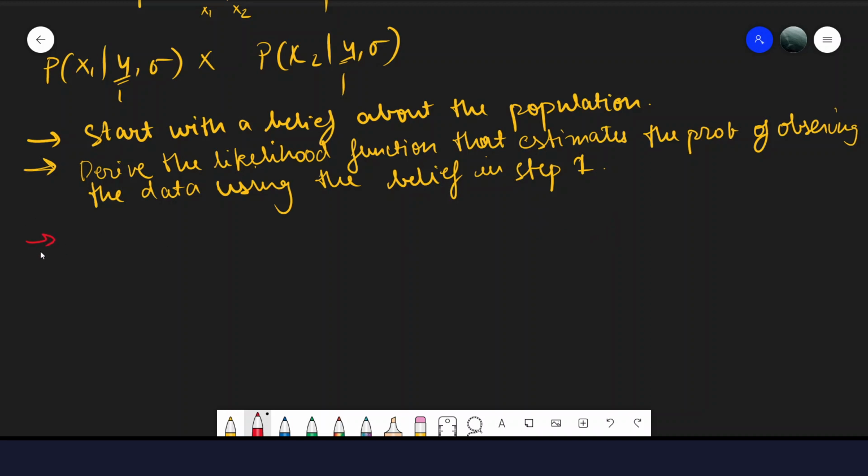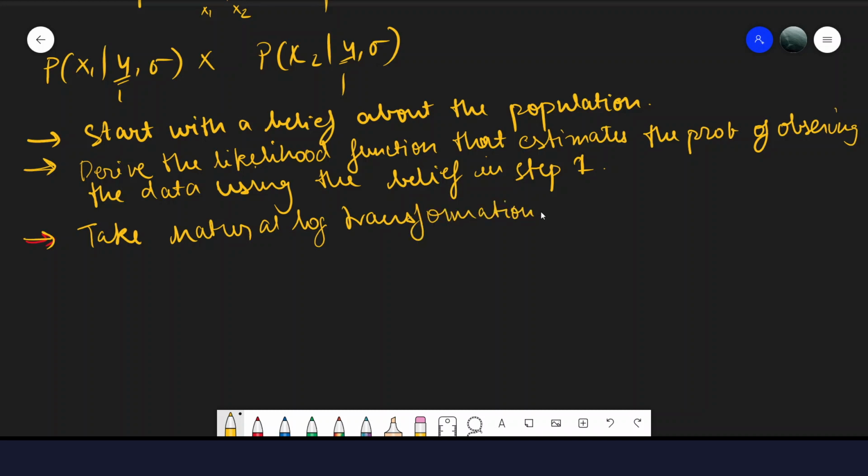The third step is to take the natural logarithmic transformation of the likelihood function. Now, why do I do this? It just makes calculation easy. That's why I take the log of the likelihood function.